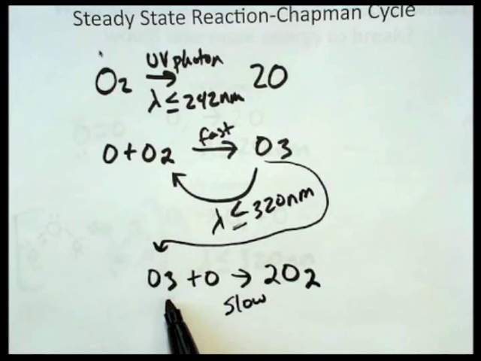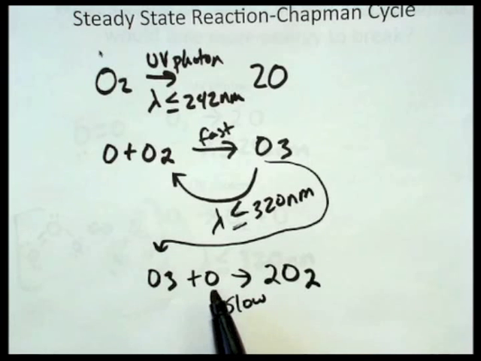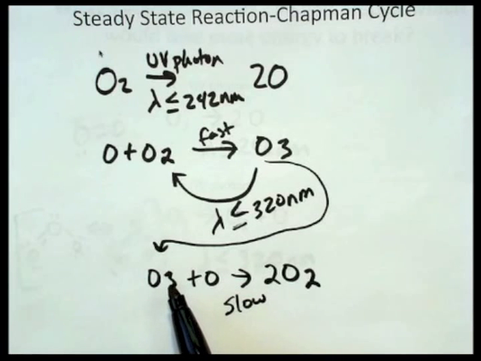Now remember, the gas in the stratosphere is a very low concentration of gas. The pressure is very low, so the distance between individual gas particles is very far. So this atom would need to travel a great distance before it would have the chance of colliding with an ozone.